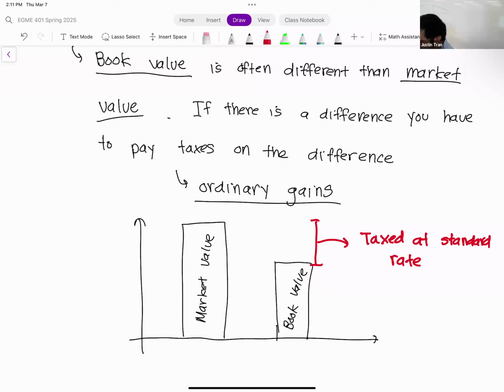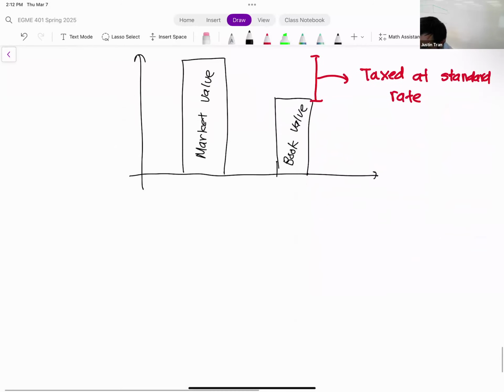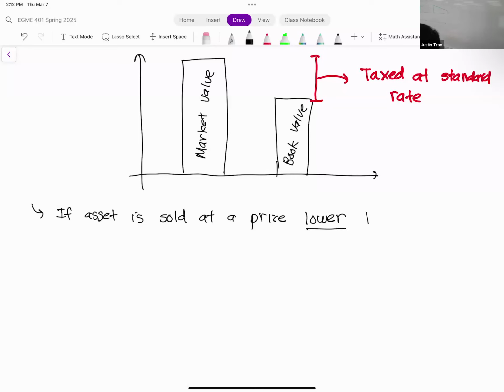Okay. All right. But if the opposite occurs, so let's say that you sold your asset at a value that's lower than the book value. Okay.